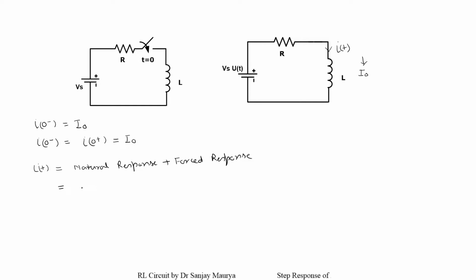I'm writing this natural response as iN and this one as iF. Since we know that the natural response is always a decaying exponential, I can write iN as A e to the power minus t by tau. Since this is an RL circuit, tau is L by R.